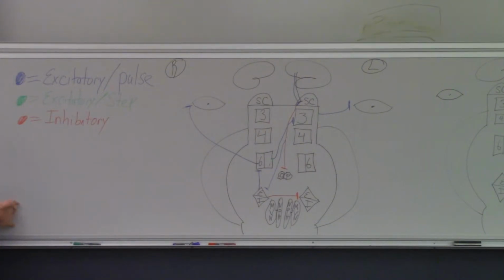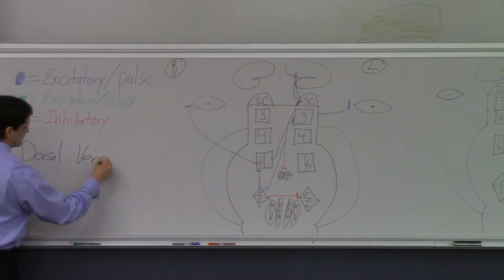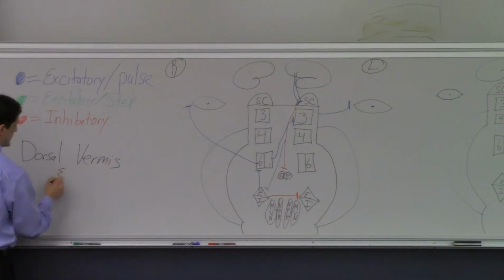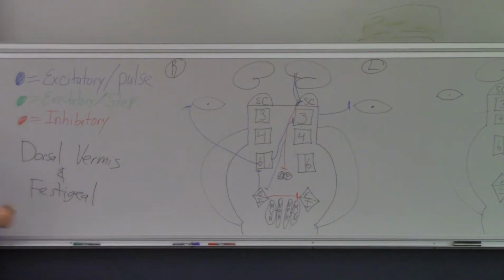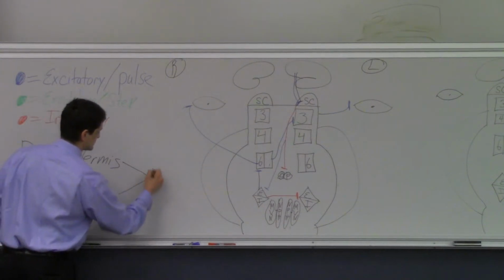For pulse activity, it's the dorsal vermis and the fastigial nucleus. I can't spell, so I hope that's right. That does the pulse.